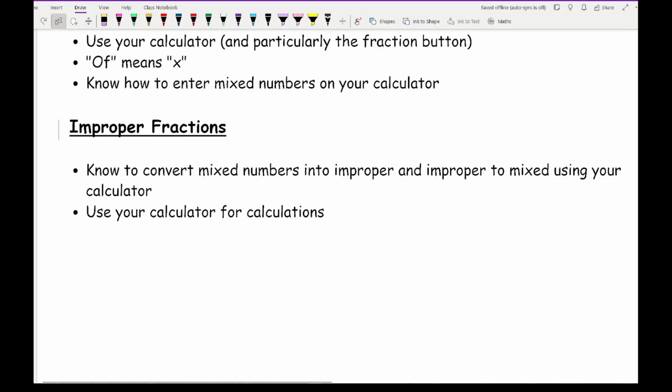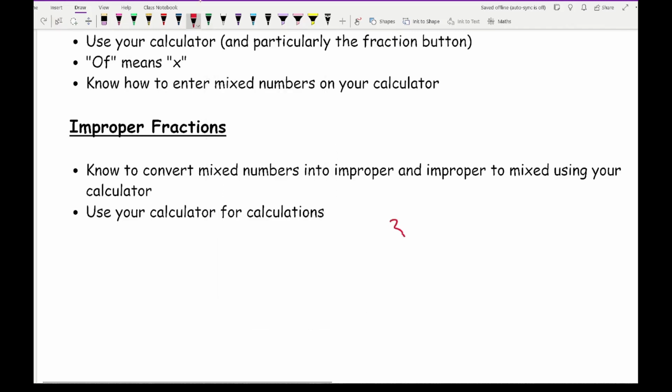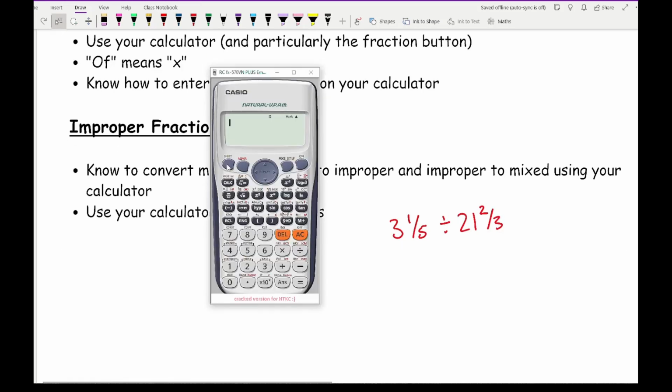And again, for calculations, if I wanted to enter a calculation, so let's just make up a calculation. Let's go for 3 1/5 divided by 2 1/3, and that's going to give me a crazy answer, but let's just enter that in. So if I press Shift and the fraction button, I can then enter the mixed number.